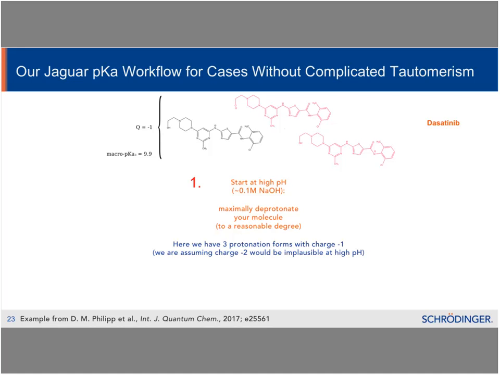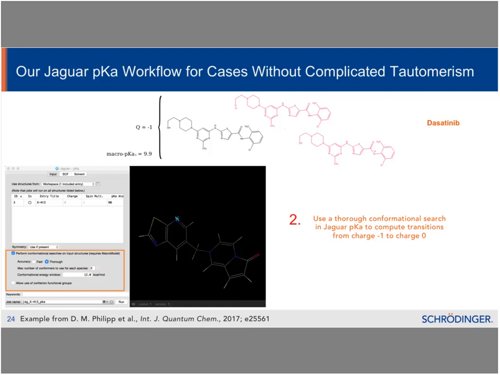And that corresponds to starting with a very, let's say, high pH. You can do the same thing with maximally protonating your molecule and start with a very low pH. This is as you wish. And then you need to do a thorough conformational search for every micro pKa you're going to calculate. So in the GUI, in Maestro, again, this is the graphical interface for Jaguar pKa, we have these options to perform a thorough conformational search. This is very important to do.